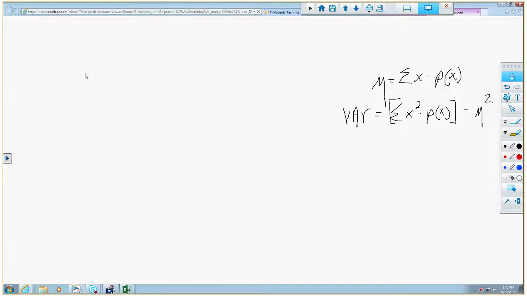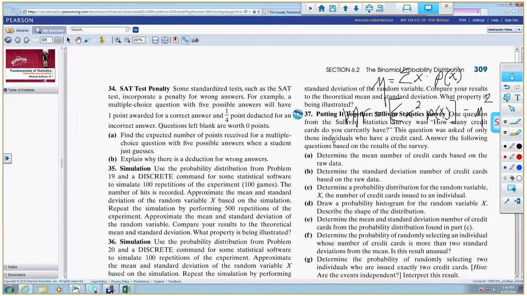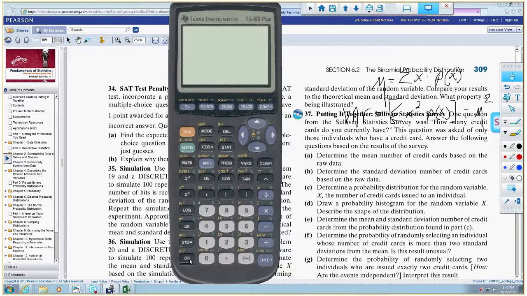6.2. 6.2 is a little bit easier on y'all. Let's go ahead and turn to the calculator. For those of you that have a calculator, TI-83 to be precise, I want you to hit second VARS, meaning variables, VARS, second VARS, and go down to number 0, binomial PDF.